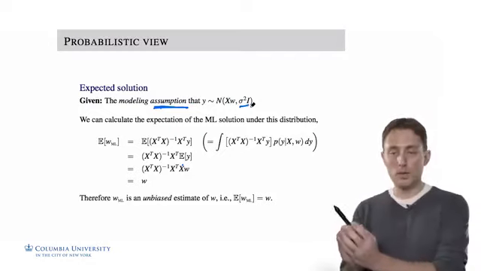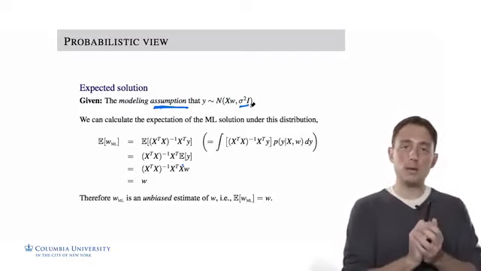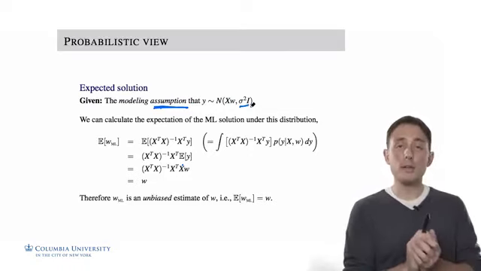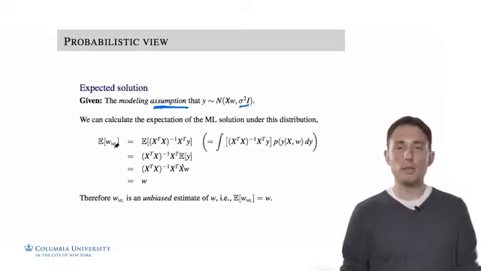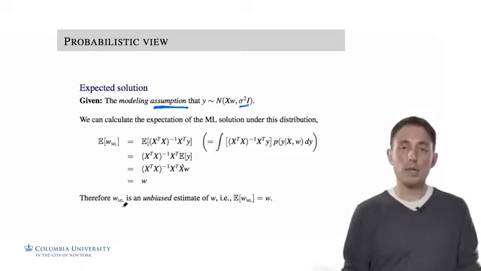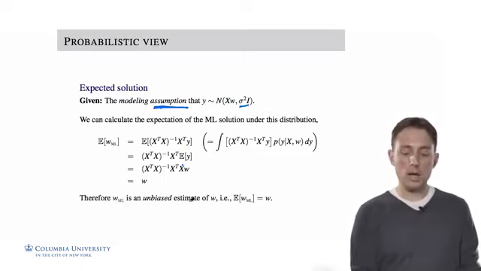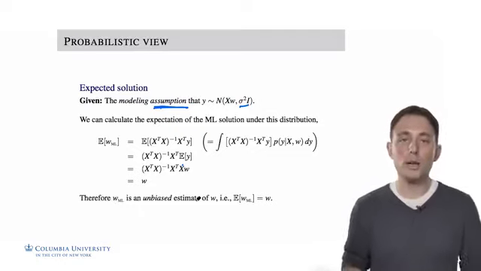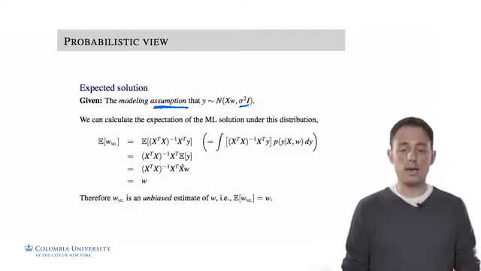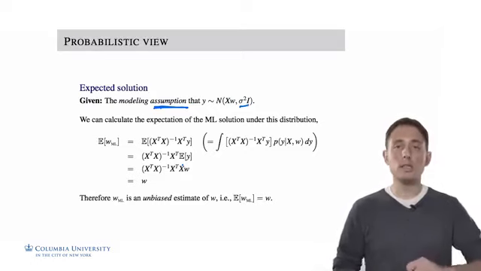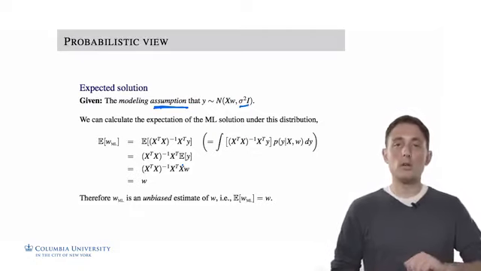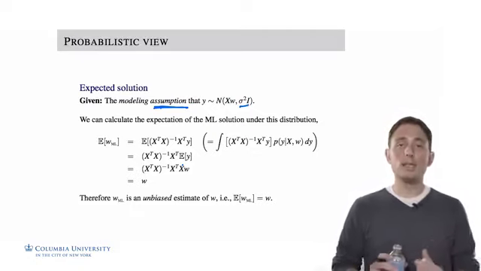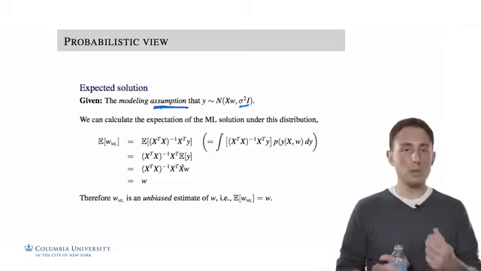So we have the true w, and then we, using the random vector y, solve the maximum likelihood solution for w. The expectation of our maximum likelihood solution is equal to the truth. In this case, what we're saying is that the maximum likelihood solution for the vector w is an unbiased estimate of the ground truth vector w, which we don't have access to. So this is good. Least squares or maximum likelihood for this model is going to, in expectation, give us the true parameter, which is what we're trying to learn.